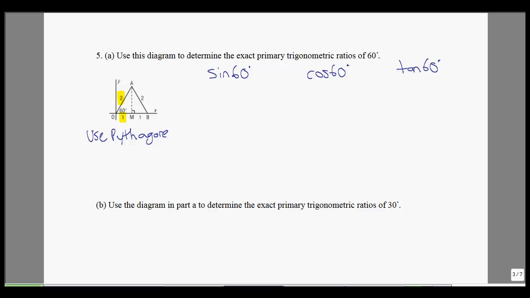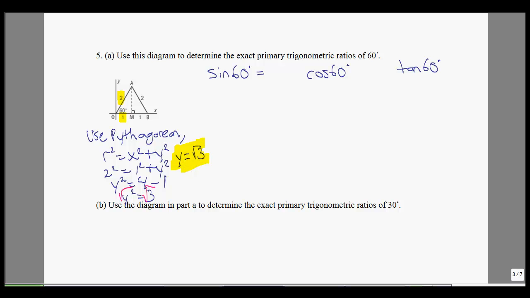So let's use Pythagorean to find that. r squared equals x squared plus y squared. Plugging in, we get 2 squared equals 1 squared plus y squared. Solving for y squared, we get 4 minus 1, which is 3. Square rooting, we get a y value of root 3.